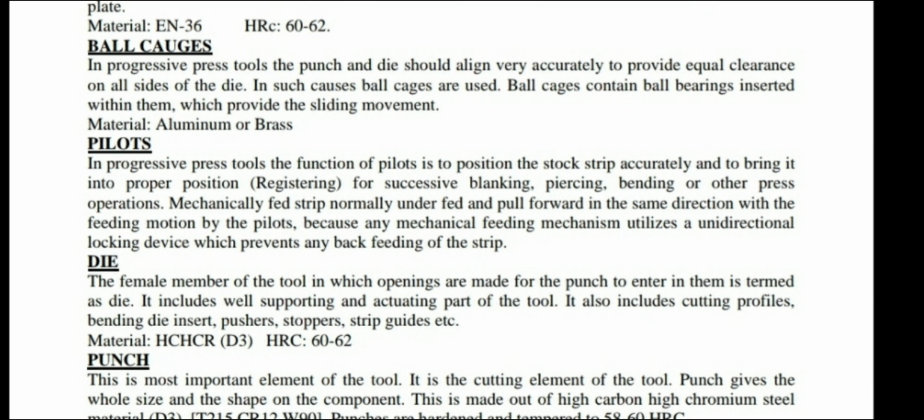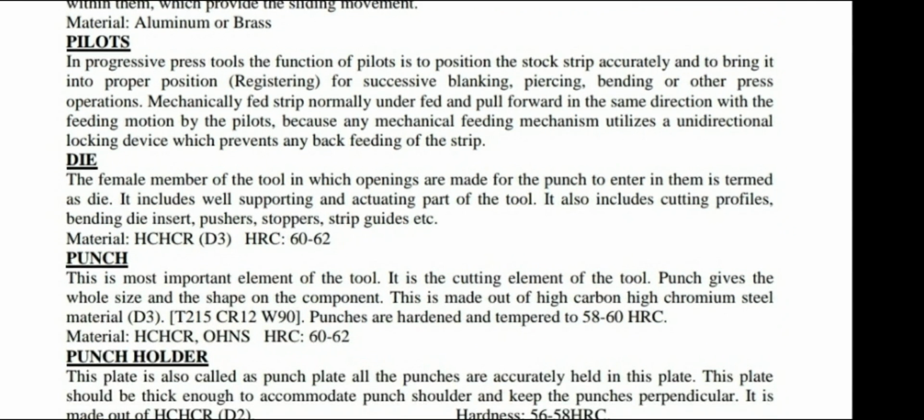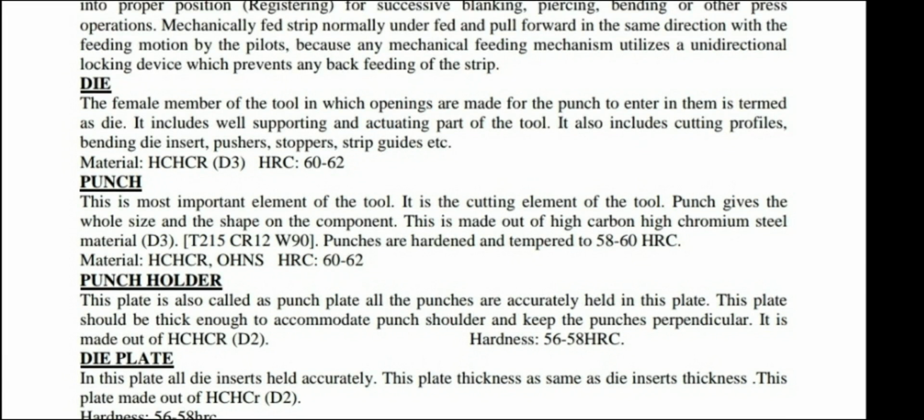Then punch. This is the most important element or tool used in press operations. It is the cutting element of the tool. The punch gives hole size and shape on the component. This is made of high carbon, high chromium steel. So material is sometimes D3, T215 or CR12 and vanadium.